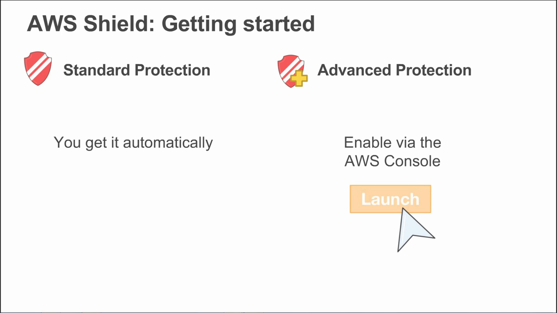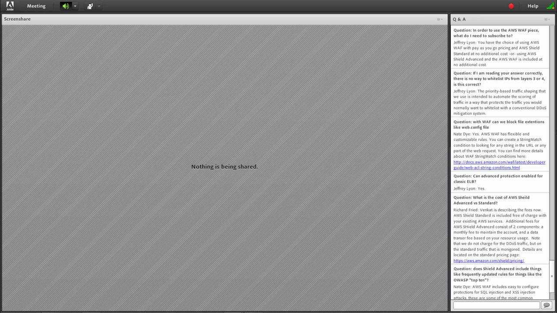For advanced protection, this is what you can enable right from the AWS Management Console, even though there is a subscription commitment. This is something that you can enable on the console yourself and add protections for your resources. Now let's do a quick demo of how to enable advanced protection and navigate to our console, and let's see how you can do that.